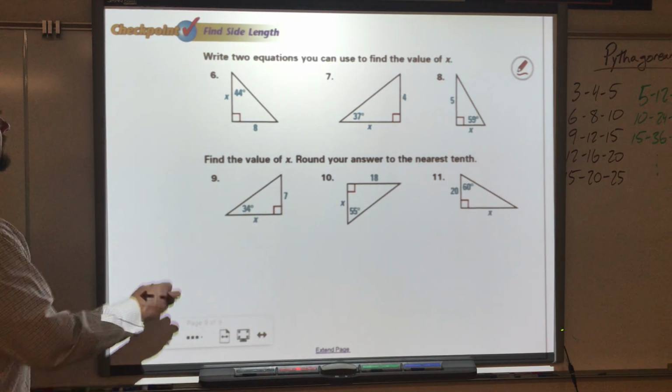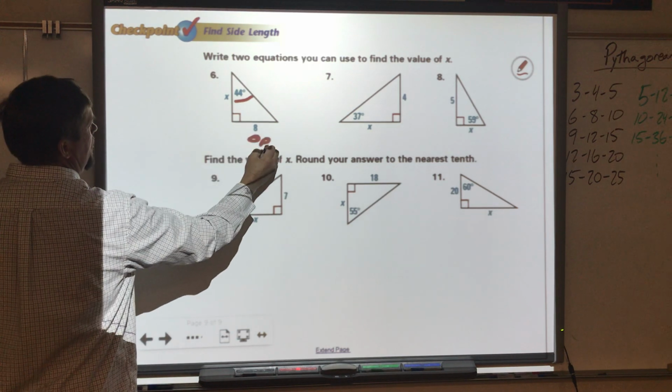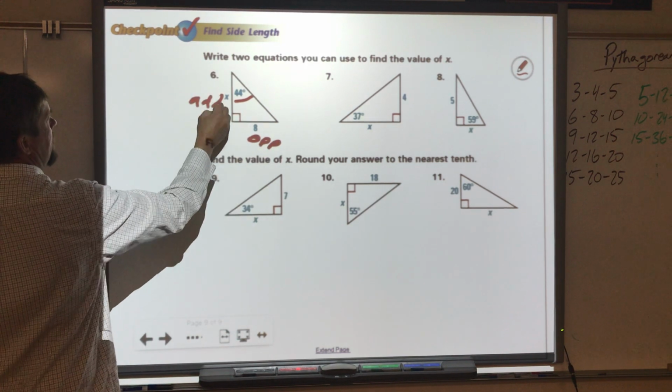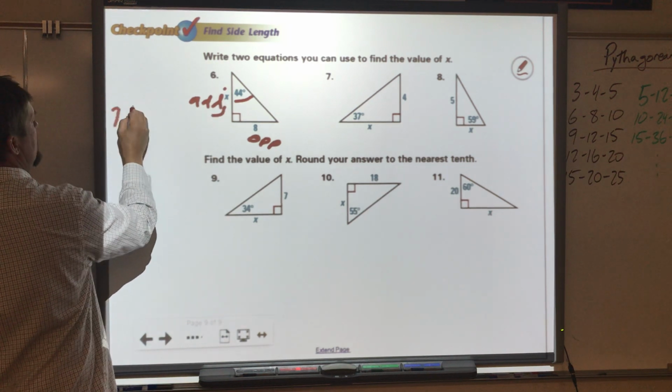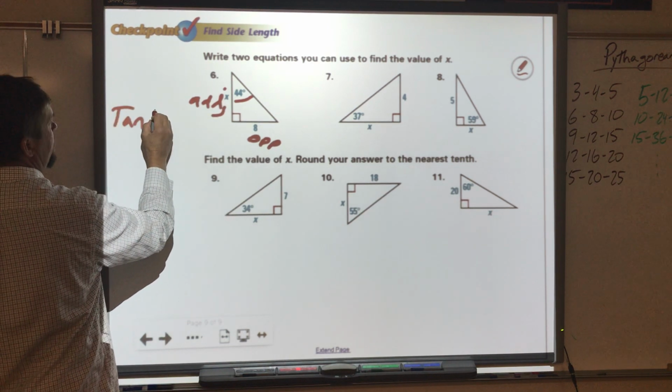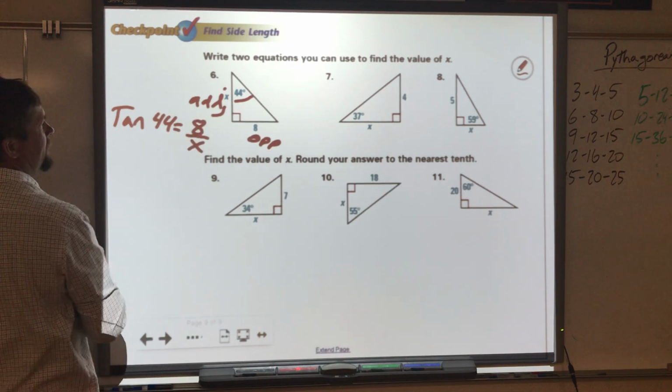Okay, welcome back. Number 6. If I'm going to use this angle, the opposite is here. The adjacent is here. So the tangent of 44 equals 8 over x.